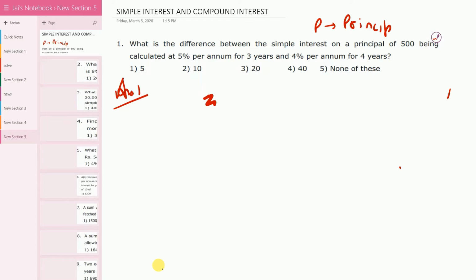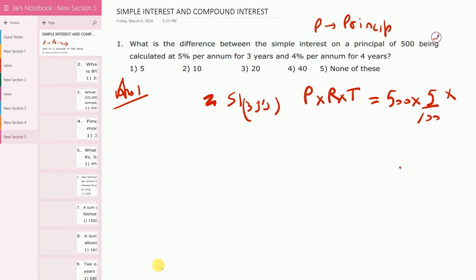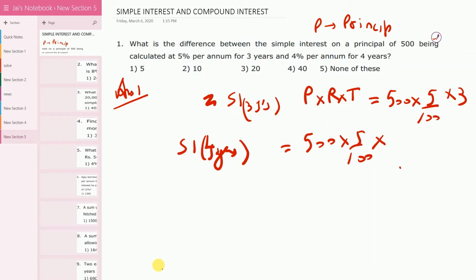So first calculating the simple interest for 3 years. For 3 years, that is nothing but P into R into T, that is 500 into rate of interest being 5% and time being 3 years. And for simple interest for 4 years, nothing but P same into R into T. Now here the time is 4 years, rate of interest is 4%, not 5, it is 4%.